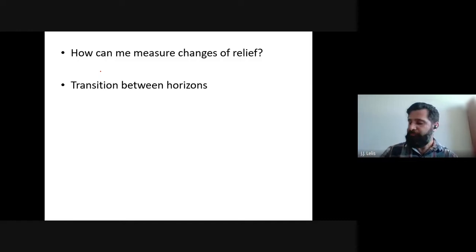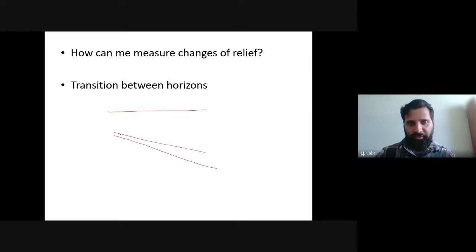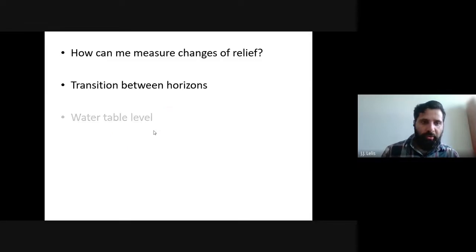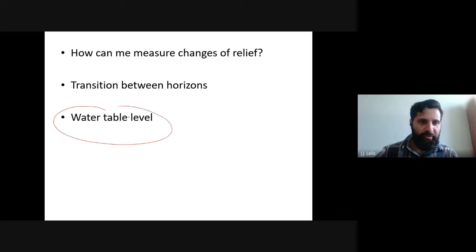So if you can see some changes of inclination of this organic and surface horizon, this means that we could measure some topographic variation of the horizon and soil profile.